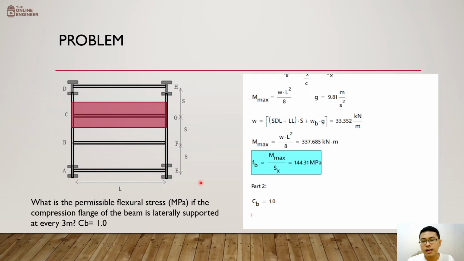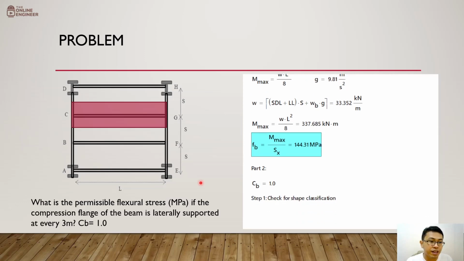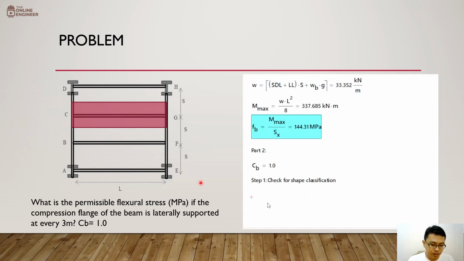Okay, so how do we proceed about solving this problem? What we're going to do here, as presented in our first video, is to check for the shape classification. So how do we do this? First, let's start with the flanges. This is how we check for flanges.